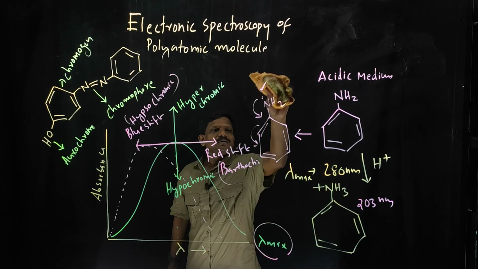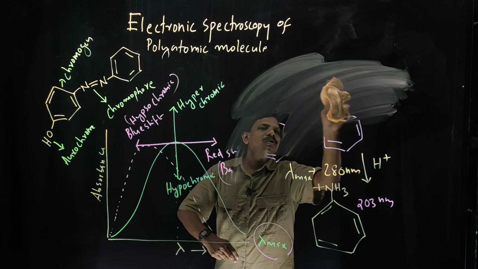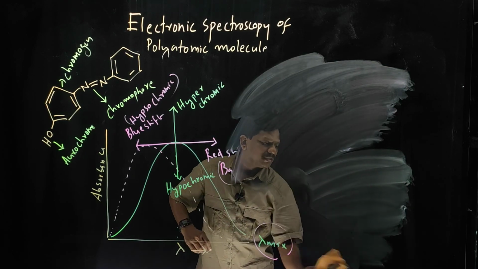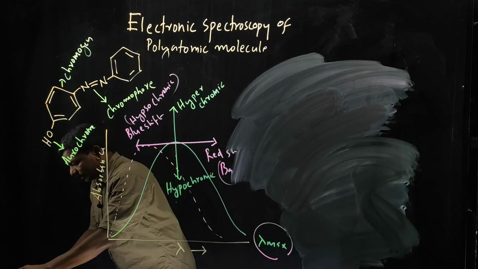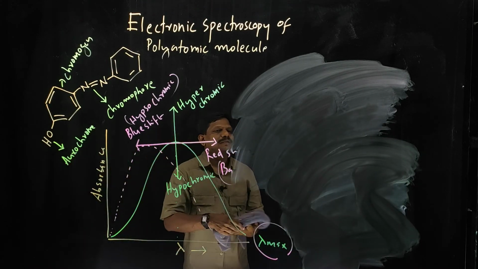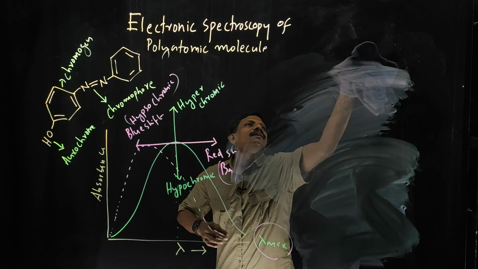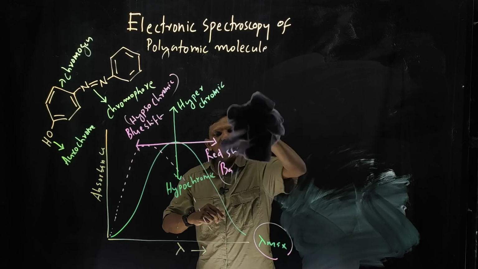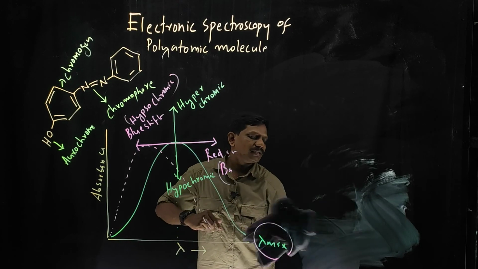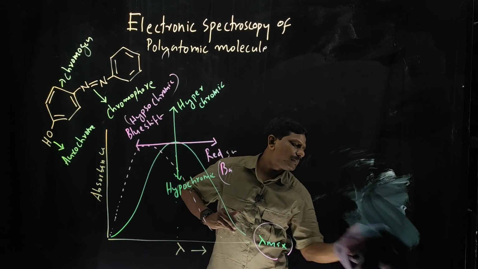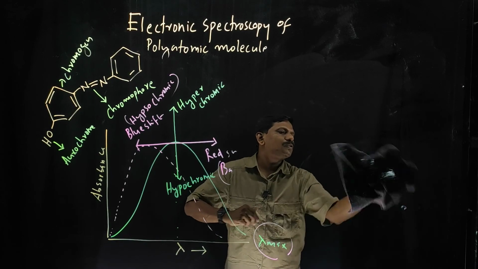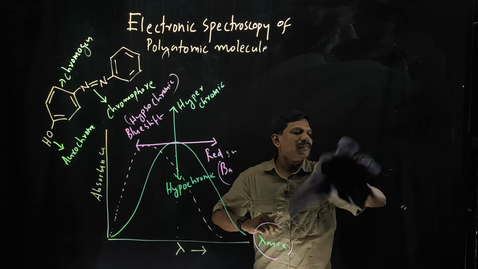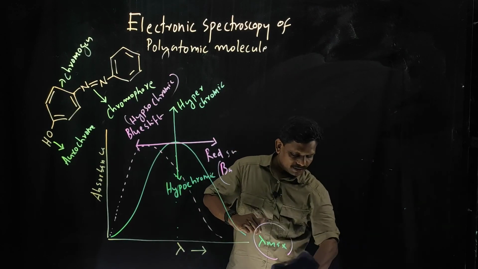Also, the solvent has a different effect on the UV visible spectra. If you are using a less polar solvent or a highly polar solvent, the chromophore light absorption will shift to a different wavelength, blue shift or red shift.